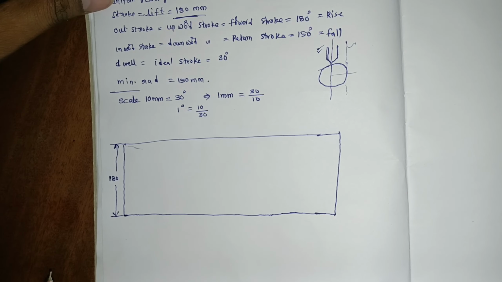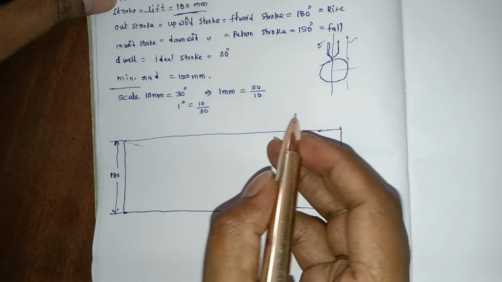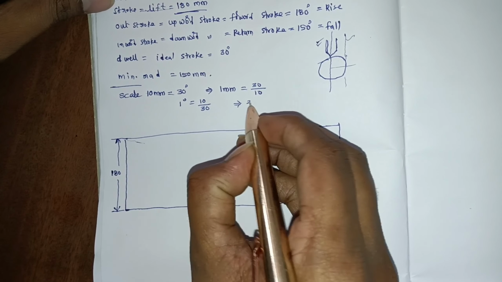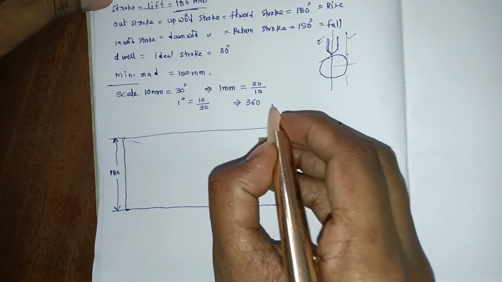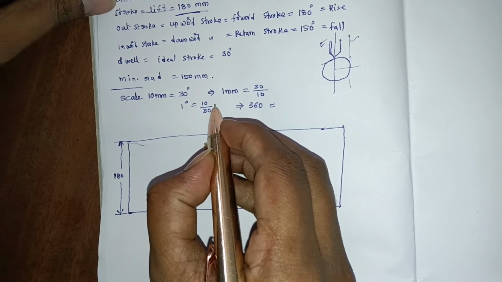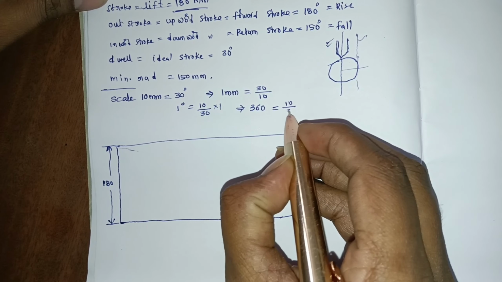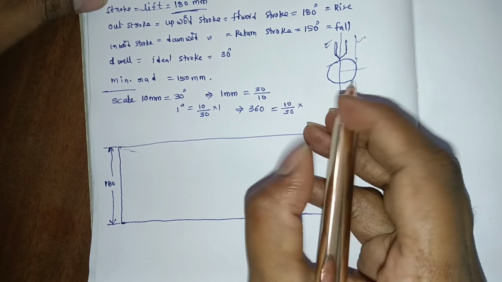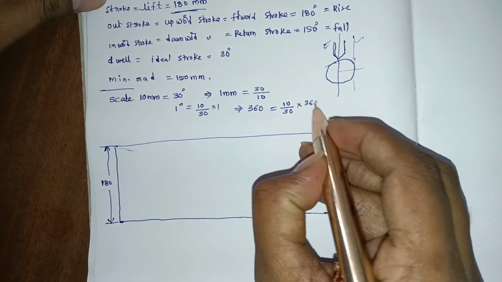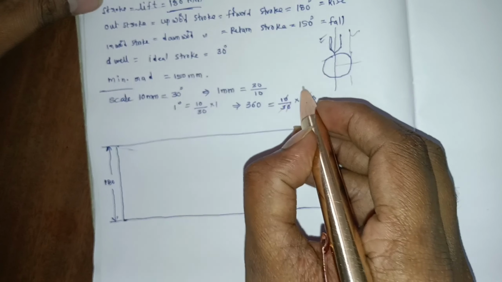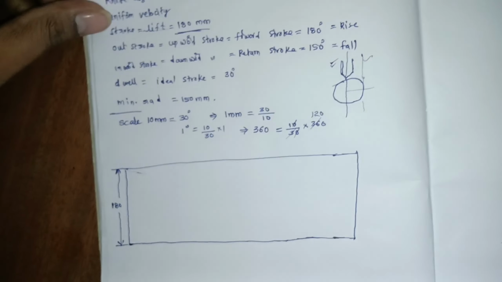But we want 360 degrees, so for 1 degree you multiply. 10 by 30 into 360: 3 ones are 3, 120.